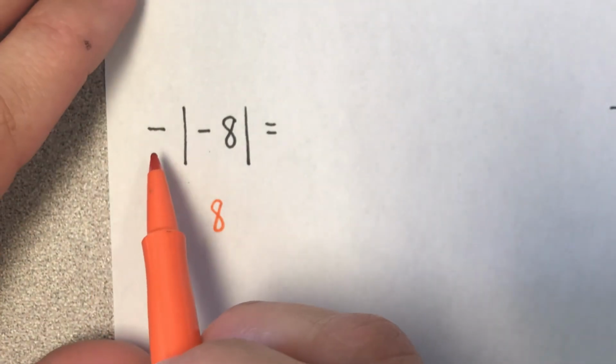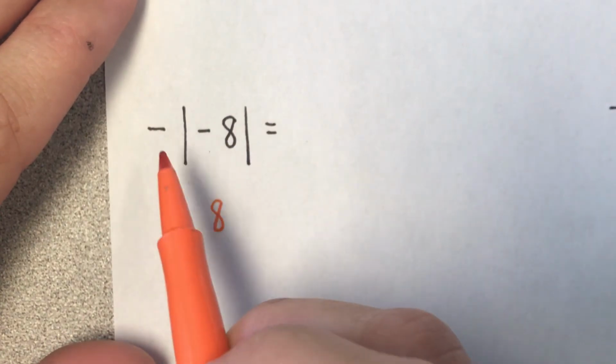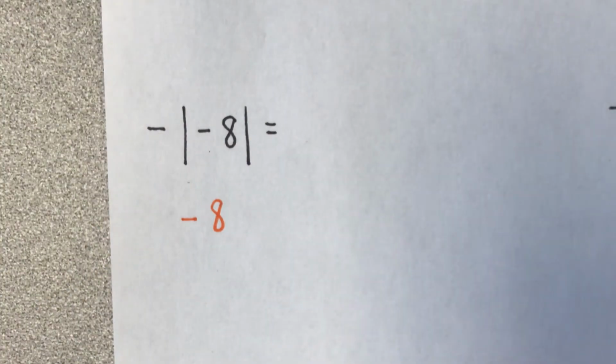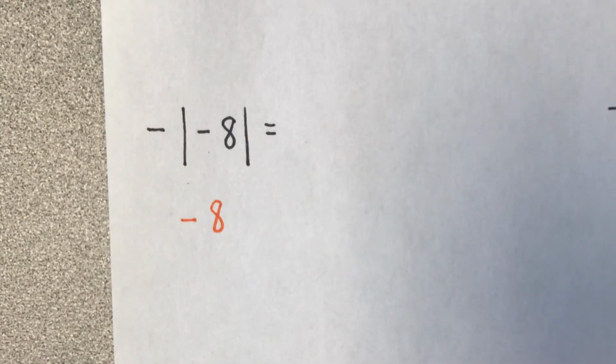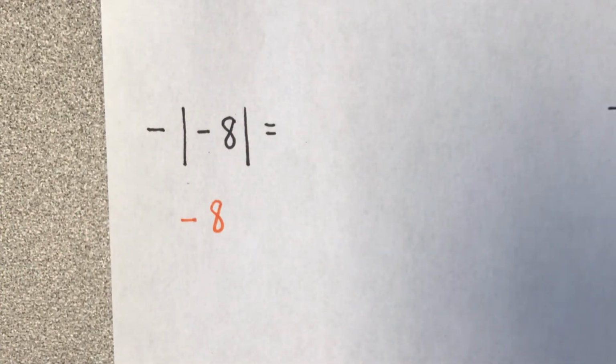But this negative out here, I can't just get rid of it because it's not in my house. I don't have control over it. So unfortunately, that negative has to come with it, and it becomes -8. So the only time an absolute value question is negative, or when the answer is negative, is when that negative is on the outside, because you can't get rid of it. You can't just make it go away like you can on the inside of your house.